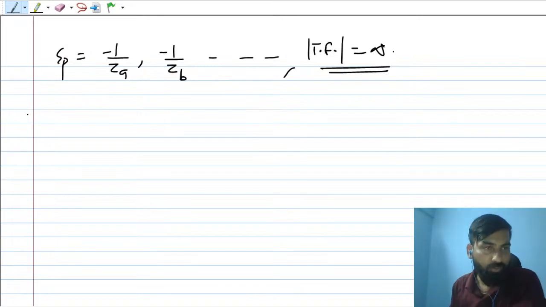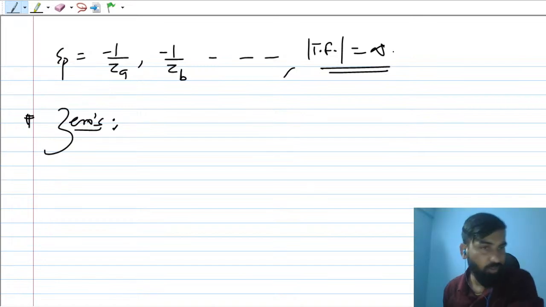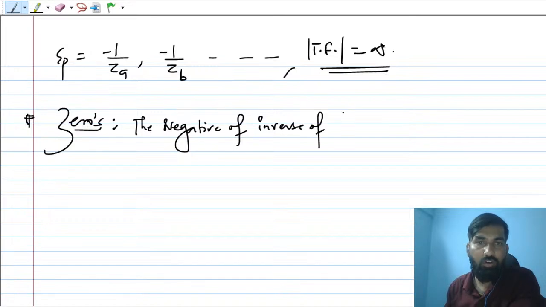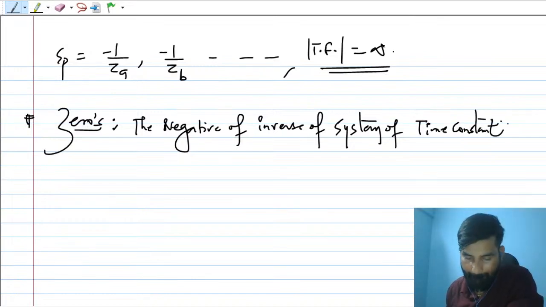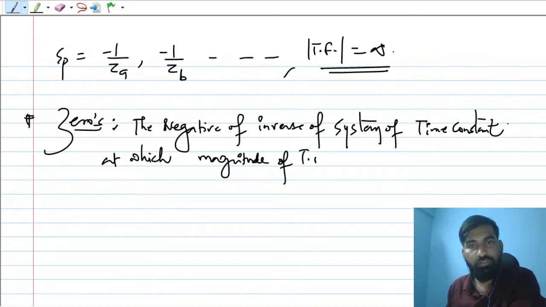If I talk about the zeros of the transfer function, the zeros are also the negative of the inverse of the system time constant, at which the magnitude of the transfer function becomes 0. The definition is the same.